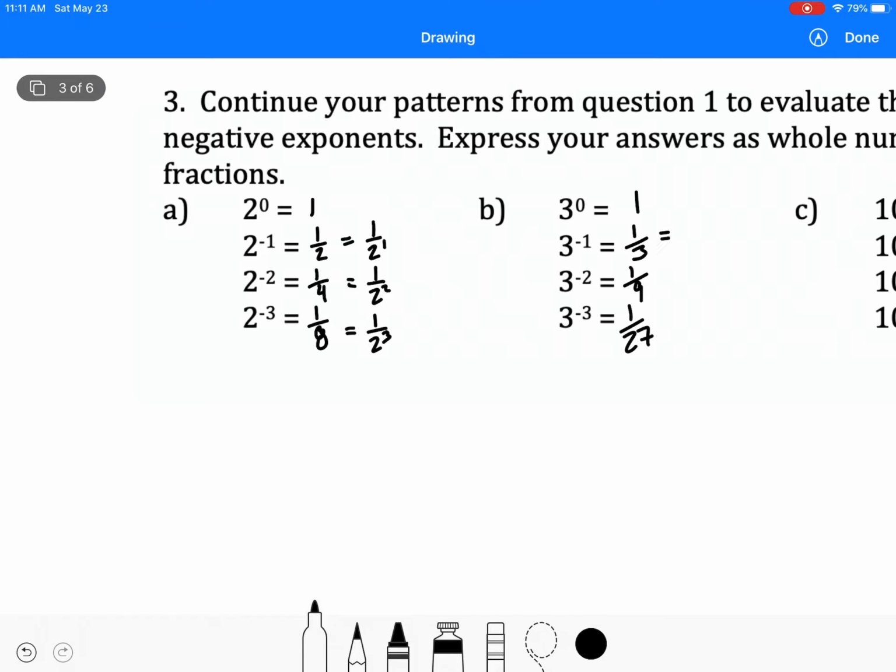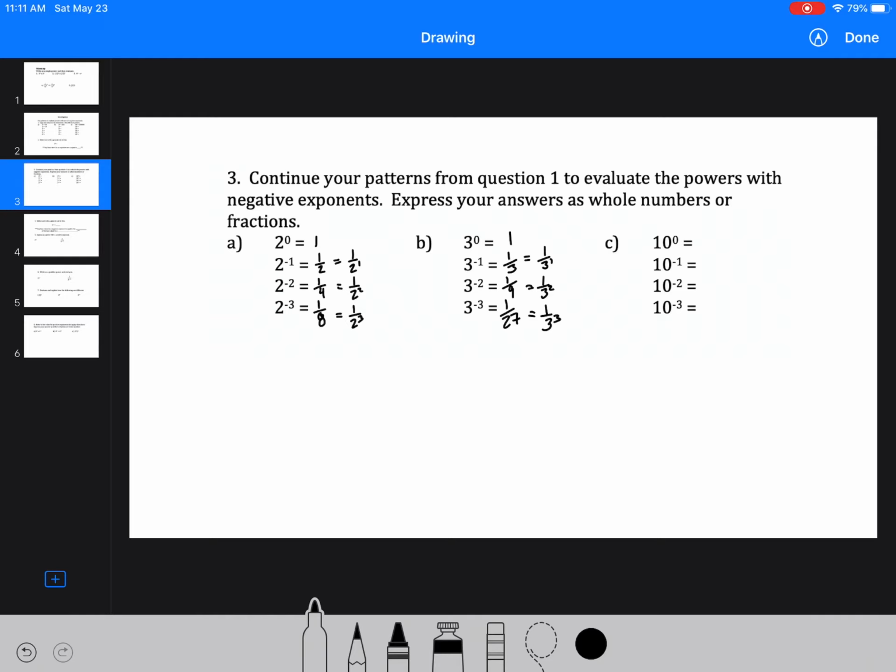Well, that's 1 over 3 to the 1, 1 over 3 to the 2, 1 over 3 to the 3. And we can see the same thing here. This is 1 over 10, 1 over 10 to the 2. I'm just going to write it as the power here. And then 1 over 10 to the 3. Or 1 over 10, 1 over 100, 1 over 1,000.